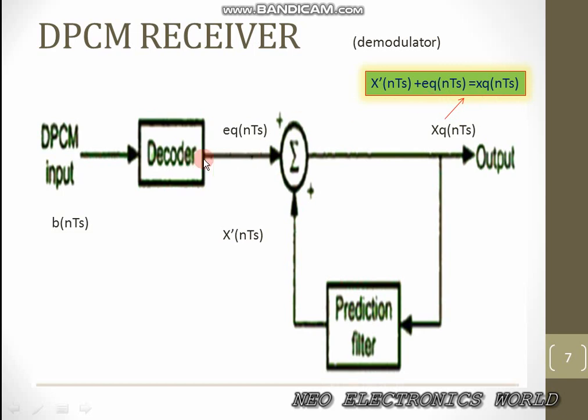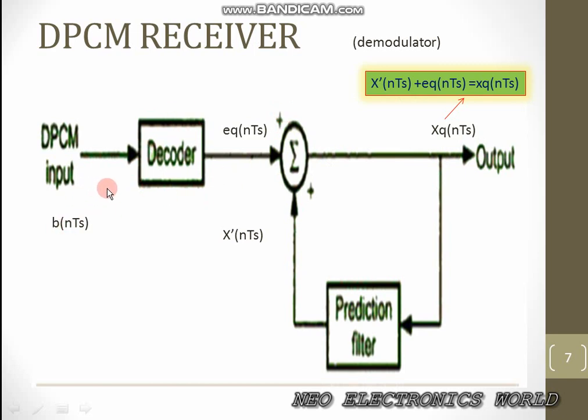This decoder will decode the signal. Digital will be converted to a discrete signal, and this will then be converted to an analog signal by using this LPF here. That's not shown in this block diagram. That's the only thing we are getting here.